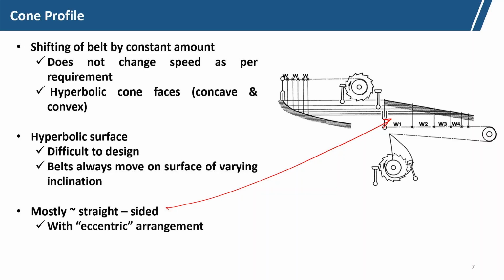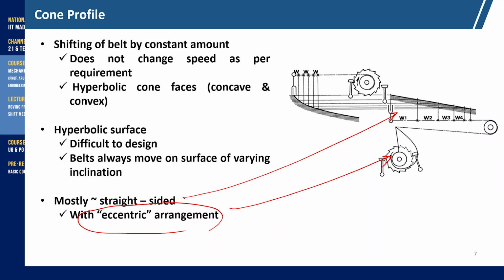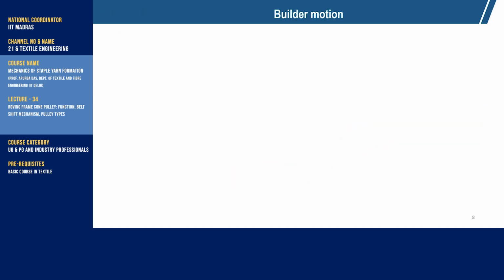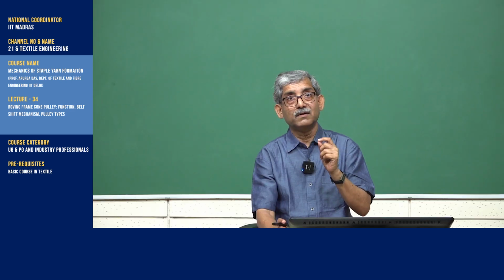With the eccentric arrangement, this is the eccentric cam arrangement, and this eccentric arrangement ensures the unequal shifting of the cone belt to get the required change in the bobbin speed.